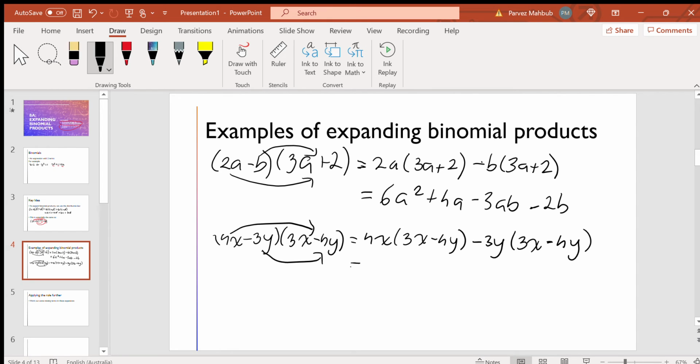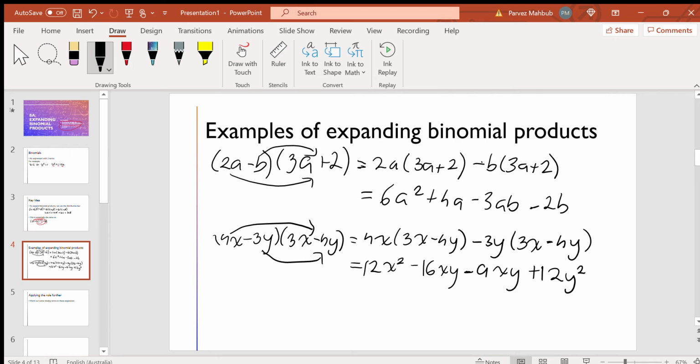And we can expand this, and that becomes 12x squared. We're multiplying these two. Minus 16xy minus 9xy plus, because you're multiplying a negative by a negative, that is always a positive, plus 12y squared.